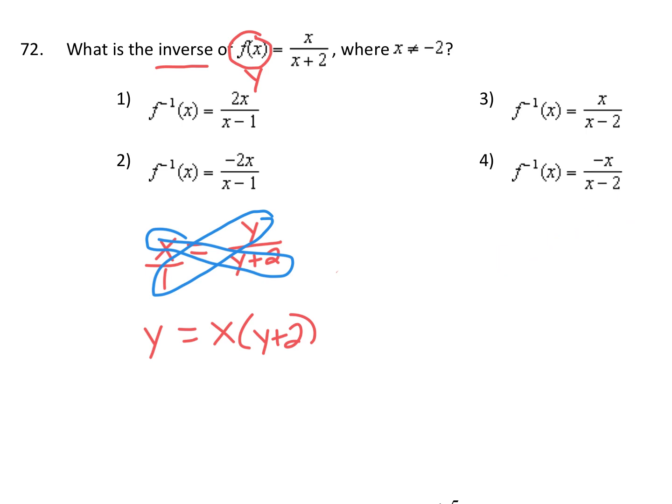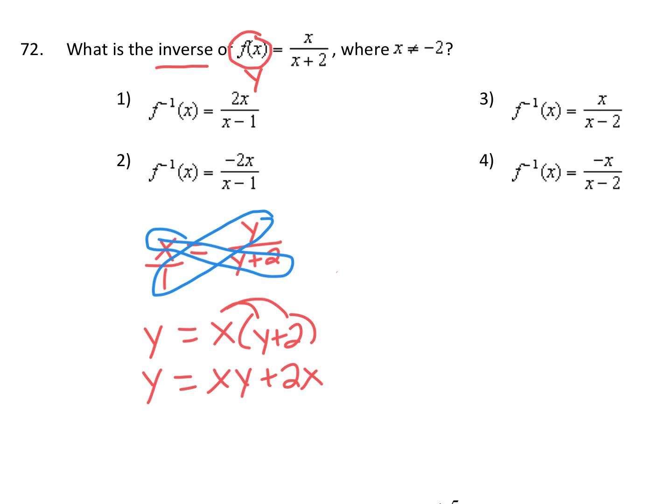All right, so let's solve. So now to solve this, I would first distribute the x. So that's going to leave me with y equals xy plus 2x. All right, now if we're solving for y, we have y's on both sides of the equation. We want to get them all to one side of the equation. So maybe I'll move this term over here.